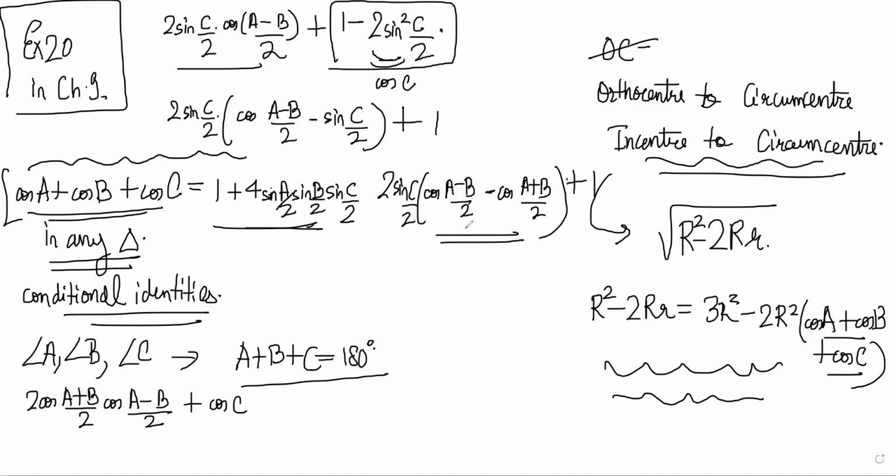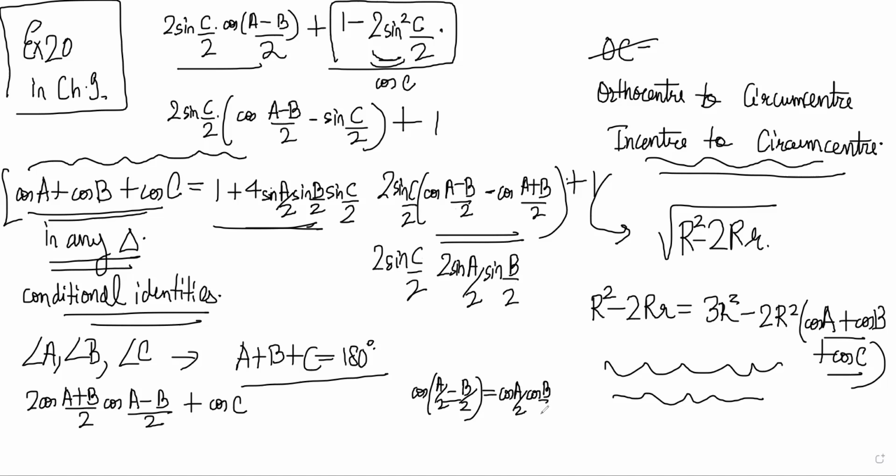And this is cos (a minus b) by 2 minus cos (a plus b) by 2, which will come out to be 2 sine a by 2 sine b by 2 once you simplify. How do you simplify? You can basically say that this is cos of a by 2 minus b by 2, which is cos plus sine, right?